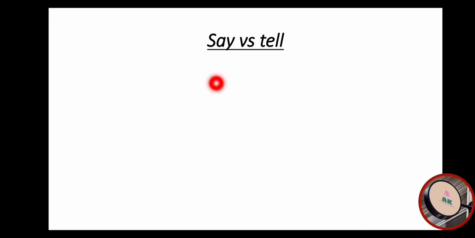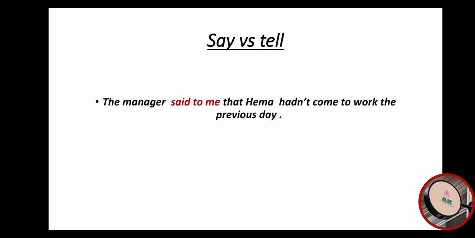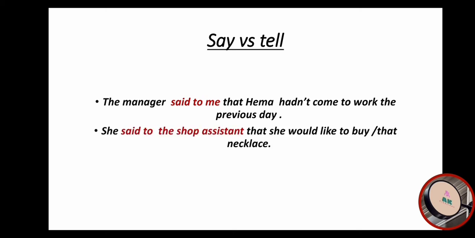Okay, so the difference is both will give you the same meaning, but you should know what say will convey and what tell will convey over here. Okay, the manager said to me that Hema hadn't come to work the previous day. Here you can see "said to me," right? Then she said to the shop assistant that she would like to buy.